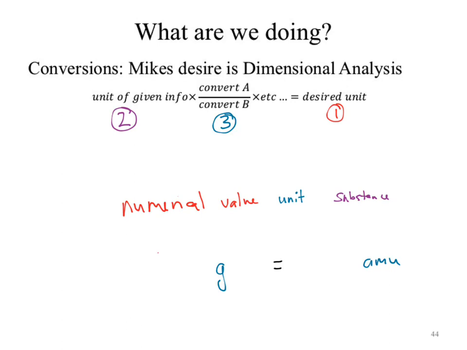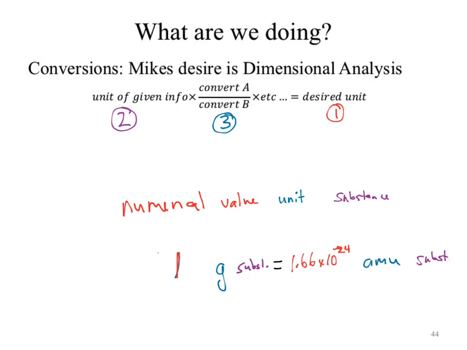You look at the front of the exam and it tells you that 1 gram, technically, of any substance equals 1.66 times 10 to the minus 24th of a substance, because everybody wants to use this conversion factor. Right?